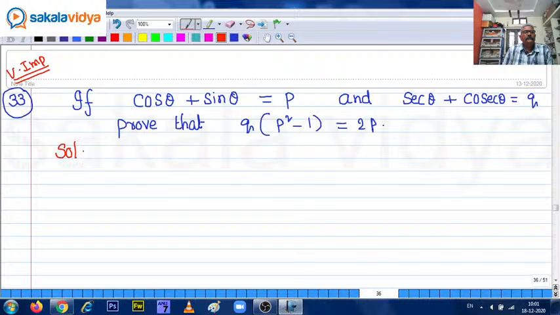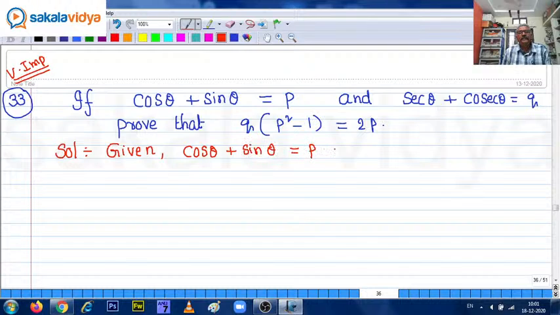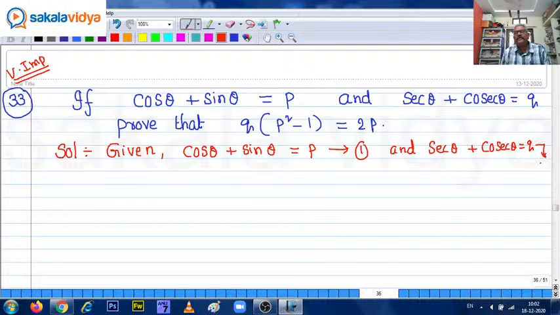Solution. Given cos theta plus sin theta equals P, say equation 1, and sec theta plus cosec theta equals Q, this is equation 2.